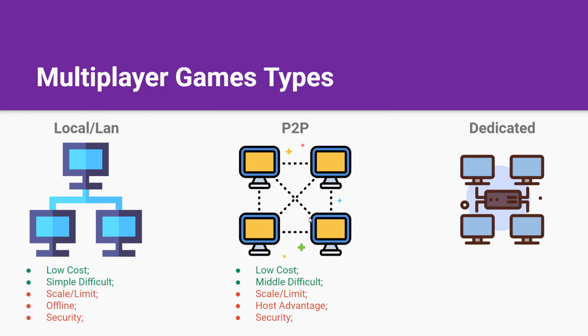Okay, in this case, do you have a low cost? You do not have a server hosted in the cloud. In this case, the player has the server. You have a medium difficulty to implement this multiplayer connection type.